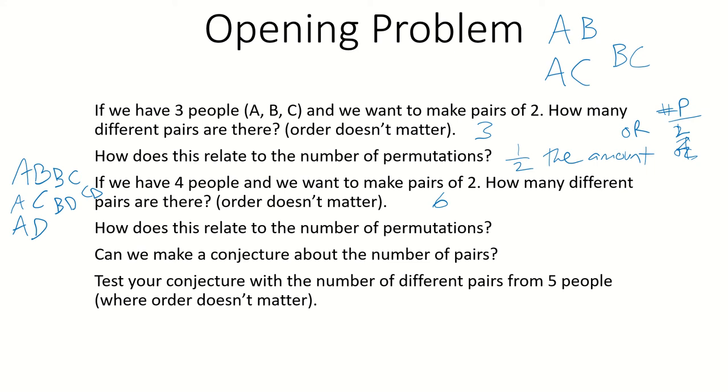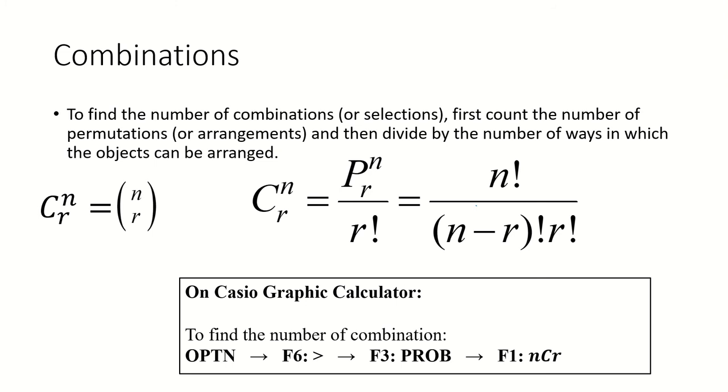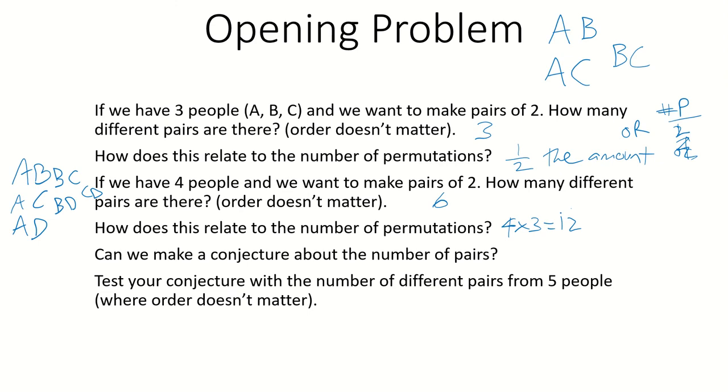And then again, the number of permutations would have been 4 times 3, which is 12. So again, the number of combinations is half the number of permutations.